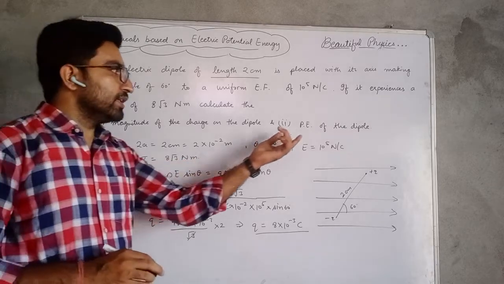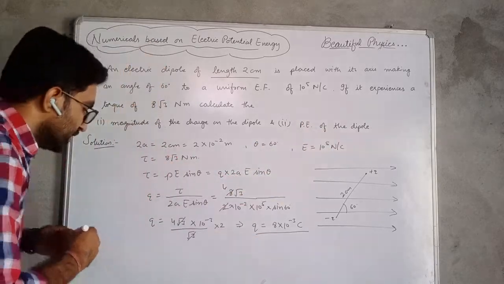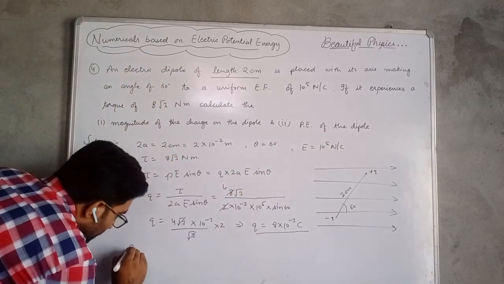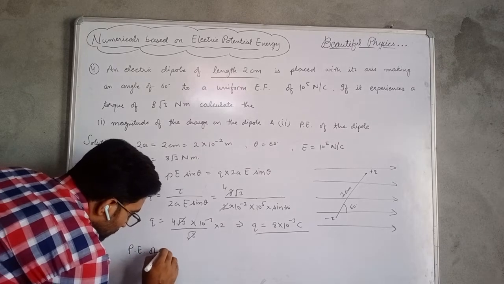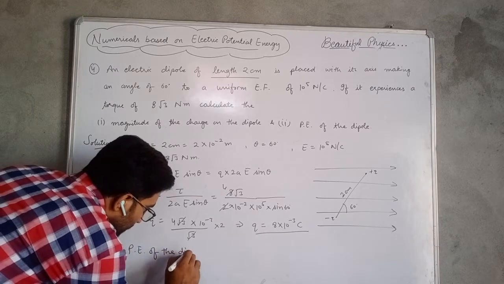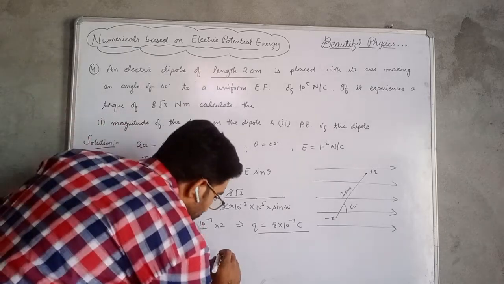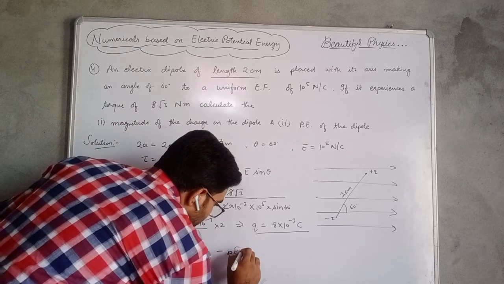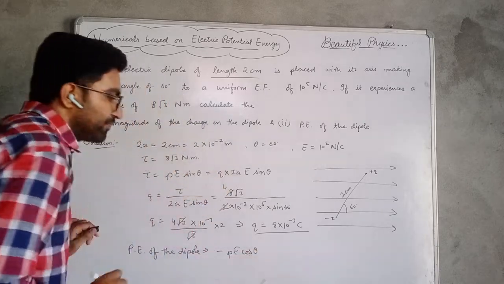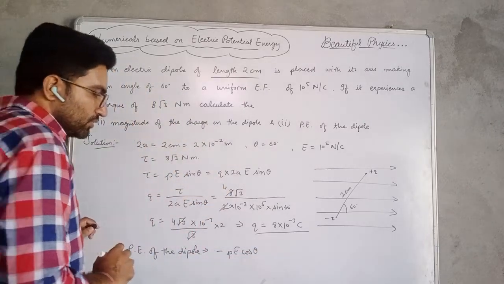And next we have to find out the potential energy of the dipole, and we know that the potential energy of the dipole in a uniform electric field is equal to minus PE cos theta.